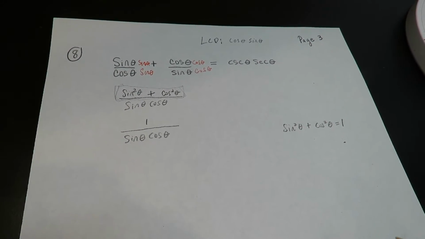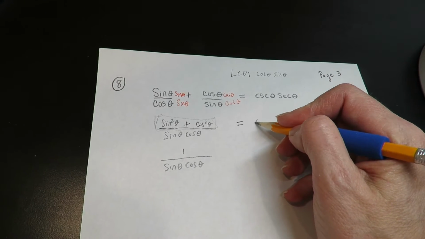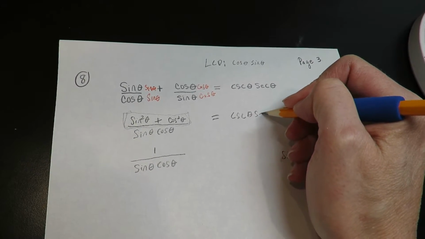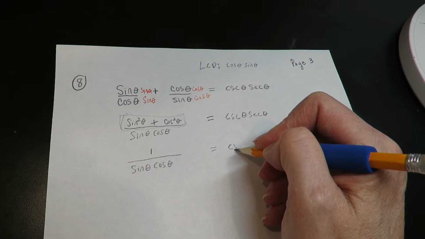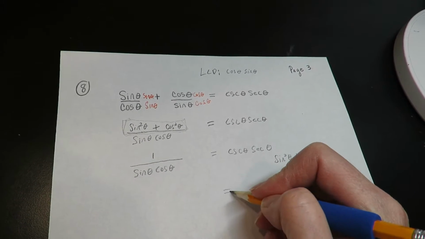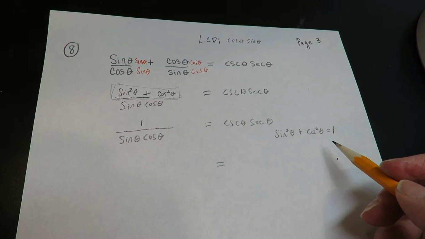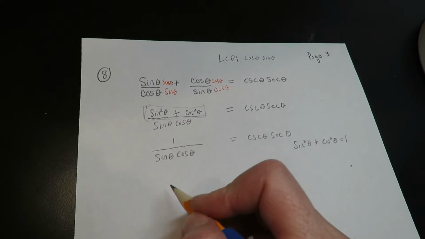Now we're not quite there yet. We want to make the left side look like the right, so I want to keep this the same on the right side. So now let's think of another identity we might be able to use here. I can reformat this if it's a little easier for you to think about.